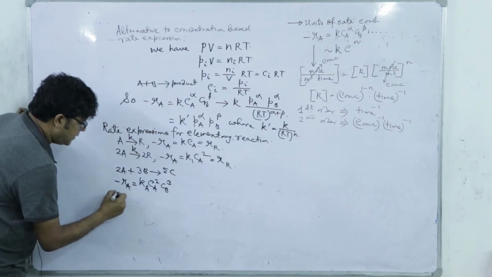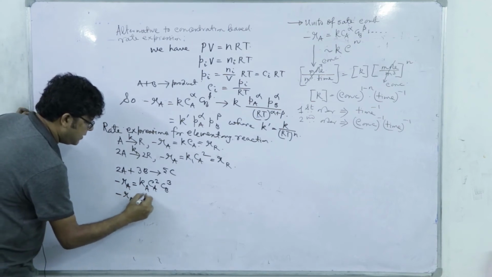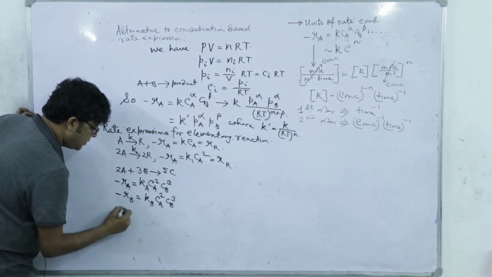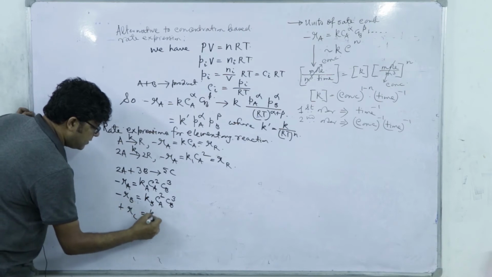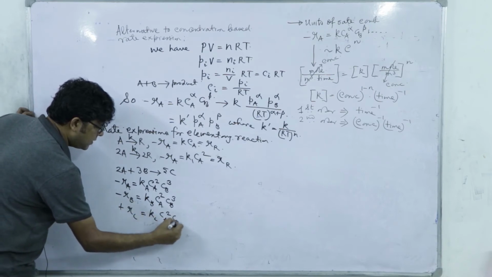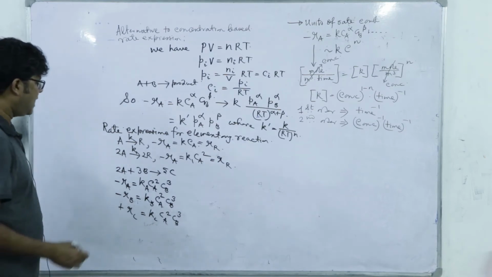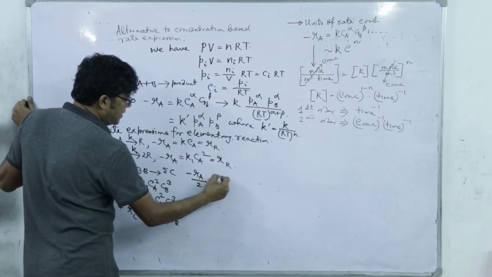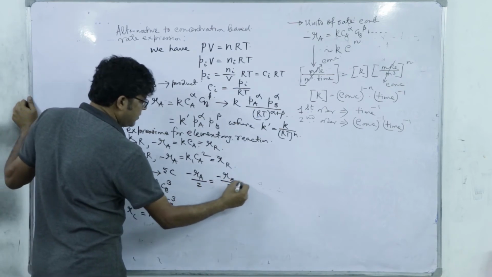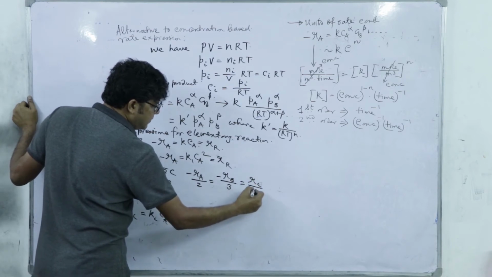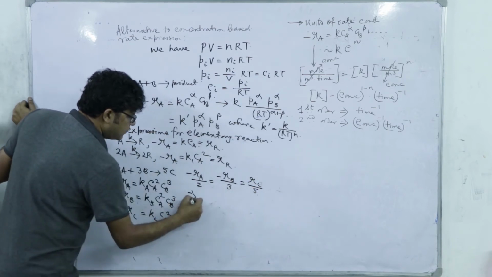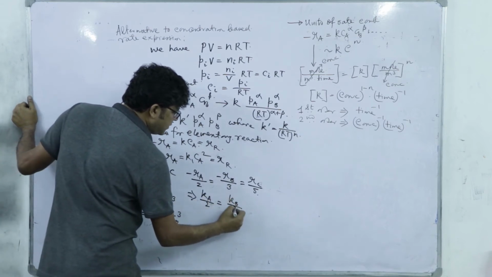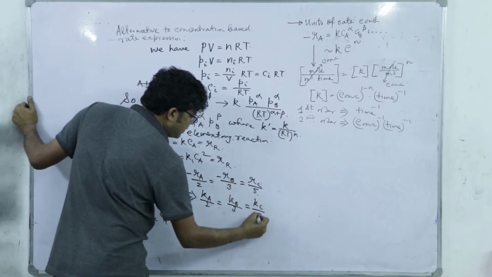Now, minus Rb is equal to Kb into Ca square into Cb cube, and plus Rc is equal to Kc Ca square into Cb cube. Now, as we discussed initially, minus Ra by 2 is equal to minus Rb by 3 is equal to Rc by 5. So, Ka by 2 is equal to Kb by 3 is equal to Kc by 5.